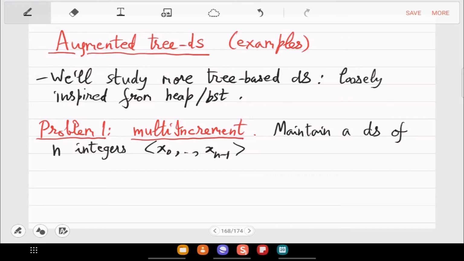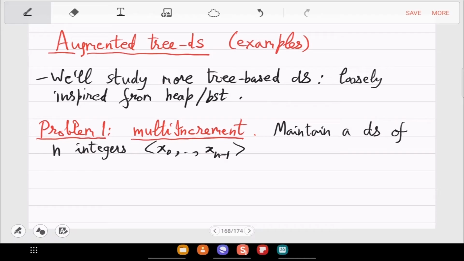The problem is to design a data structure which at all times will store n integers, and the operations you want is report the ith element. So they are indexed. So what is the value of xi? That should be very fast to report.